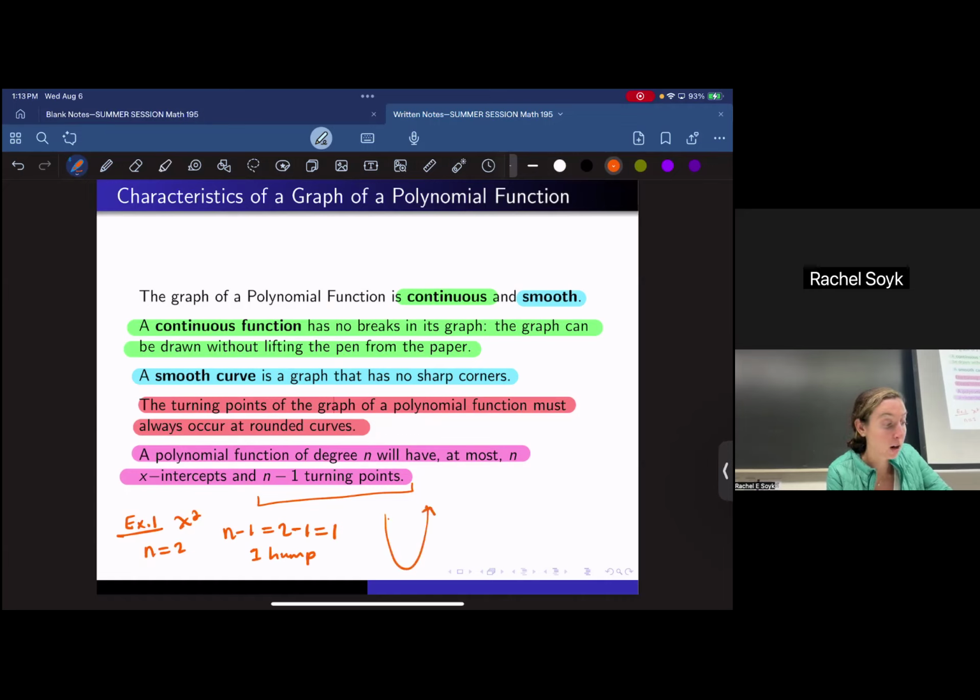And that's correct, right? Quadratic functions have that 1 bump. But if you were dealing with a quartic function, say x to the 4th, obviously a variation of x to the 4th with distinct roots, you end up having 3 humps, 1, 2, 3, because your n is 4, and so n minus 1 is 4 minus 1, which gives you 3.